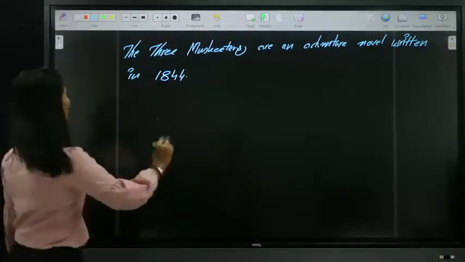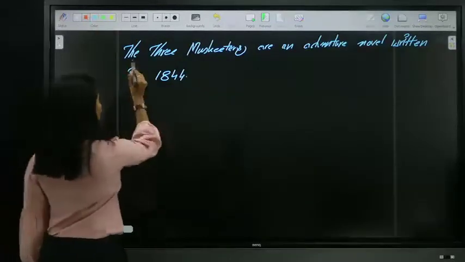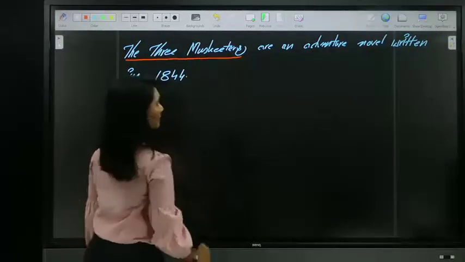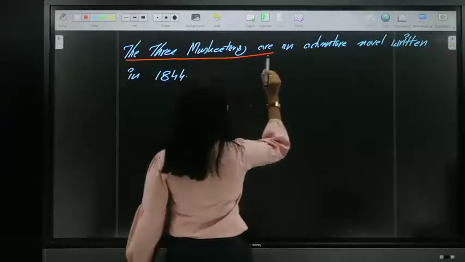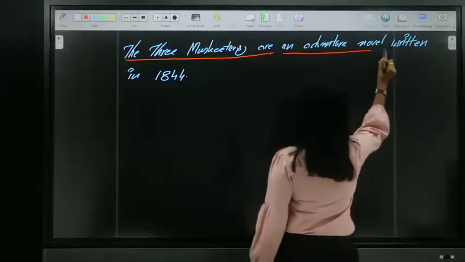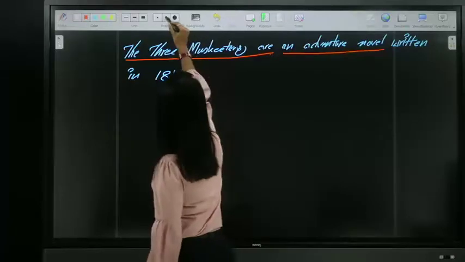Now, guys, what is the subject in our sentence? The three musketeers. What is the verb? Are. So, what is the object? An adventure novel written, whatever is given.